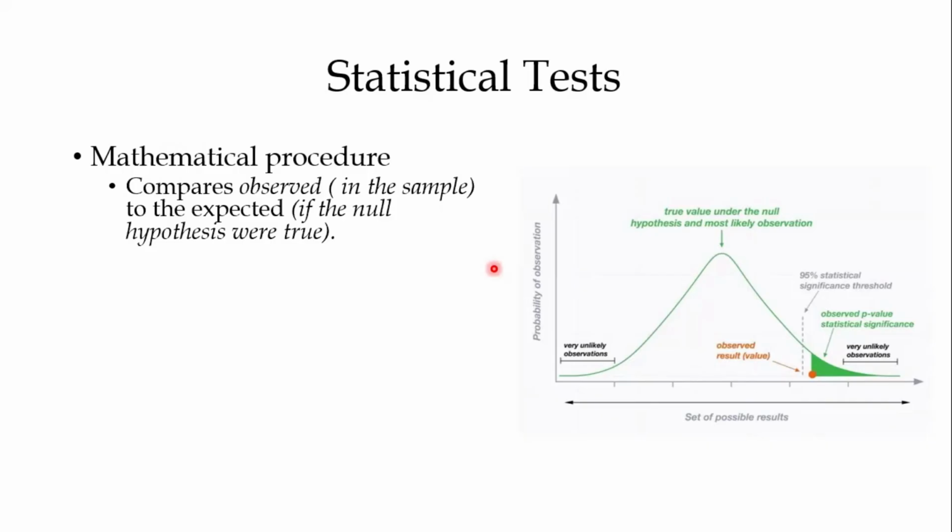And this computation usually compares what is observed in the sample, that is the mean that we've seen in the sample, the mean blood pressure, compared to what is expected if the null hypothesis were true. The reason why I'm stressing that is, remember, the whole concept of null hypothesis significance testing starts from the null hypothesis.